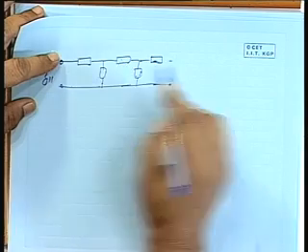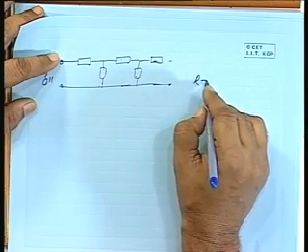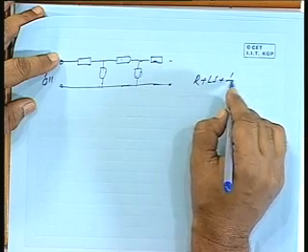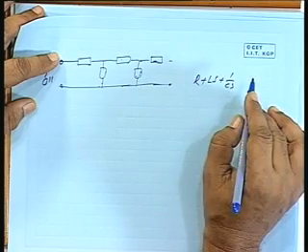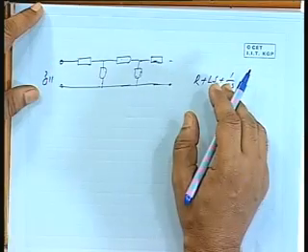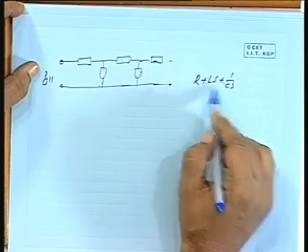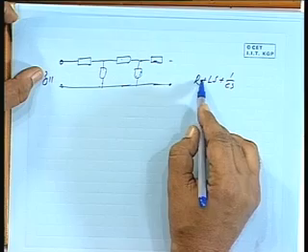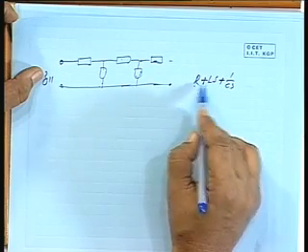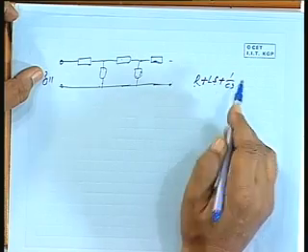Now, these elements are R plus some Ls plus some 1 by Cs, this kind of additive elements or series parallel combinations of these. So, when you make repeated conversions, say from star to delta or making parallel combinations of such elements, it is all positive terms like this, and their say parallel combinations, that is products, and then again you divide by some sum. In no case there is any scope for a negative sign.